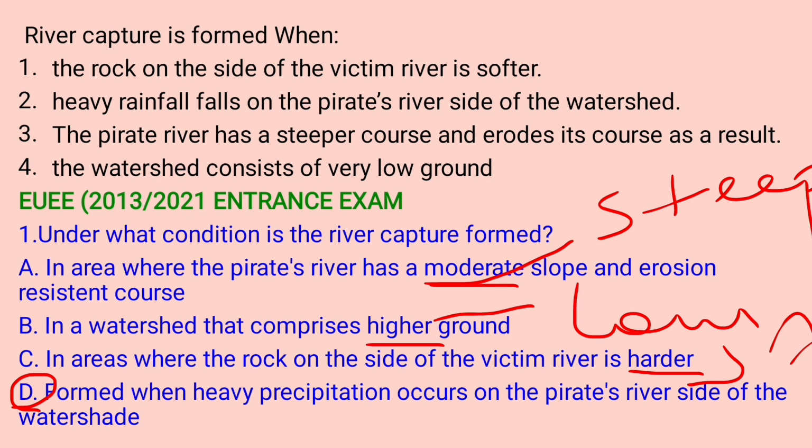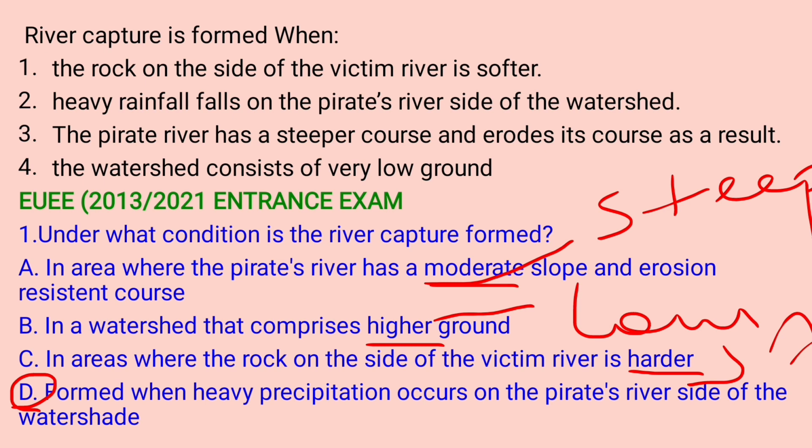B. In a watershed that comprises higher ground. C. In areas where the rock on the side of the victim river is harder. D. Formed when heavy precipitation occurs on the pirate river side of the watershed.